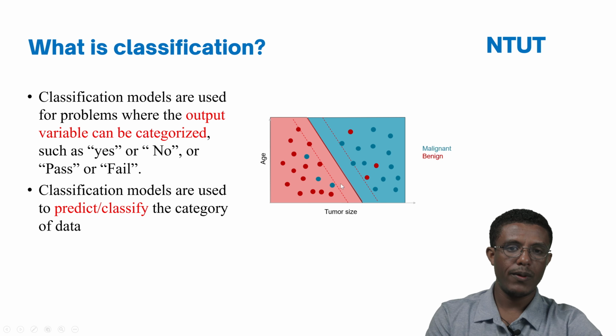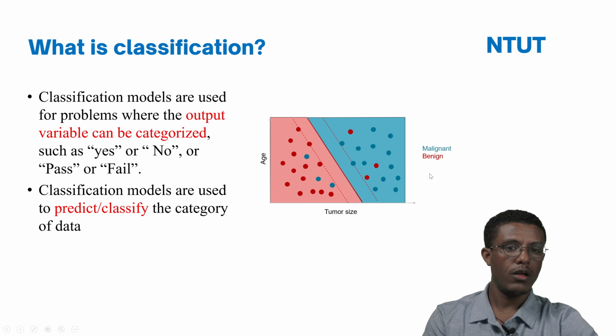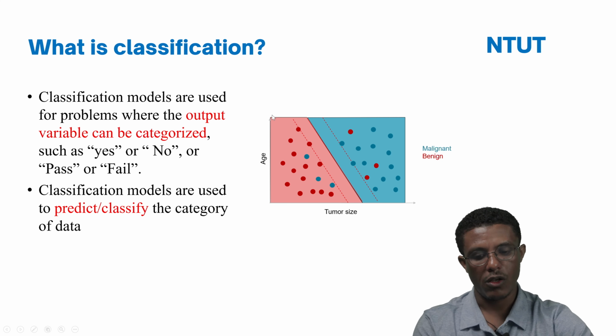This example shows medical data, classifying the type of tumor, malignant or benign, based on the tumor size and also the age. So the data includes these.